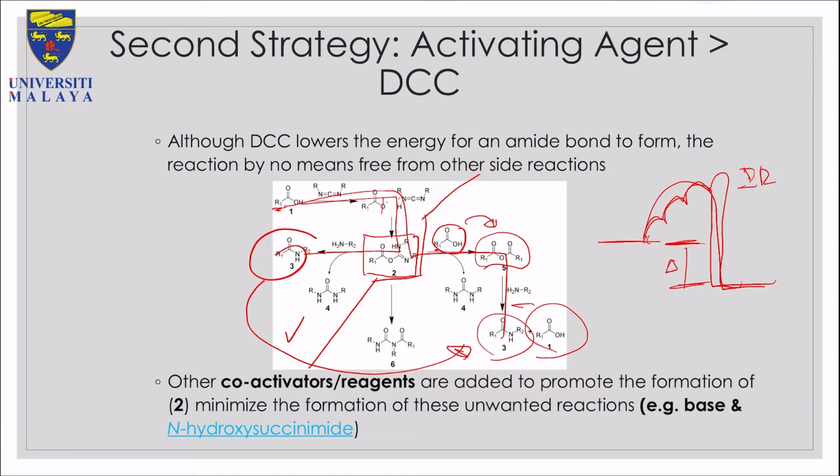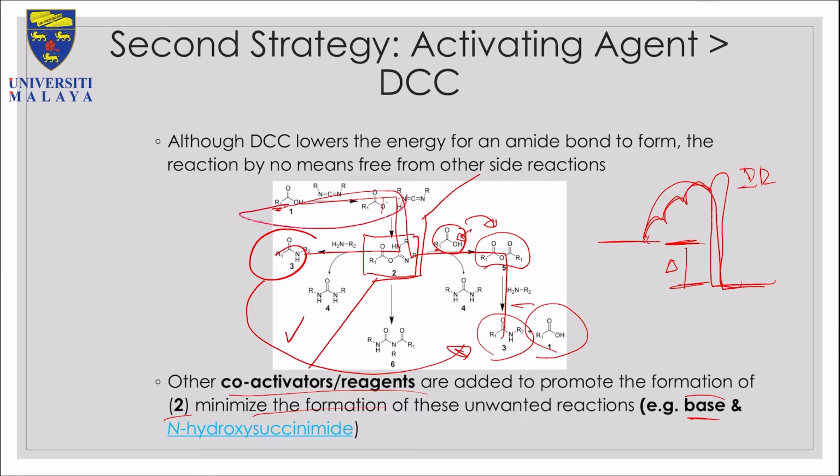Therefore, to minimize the other side reactions, co-activators or reagents are normally added to promote the formation of the desired product and minimize the formation of these unwanted reactions. For example, you can add in a base so that it will deprotonate your amino acid at the C terminal.